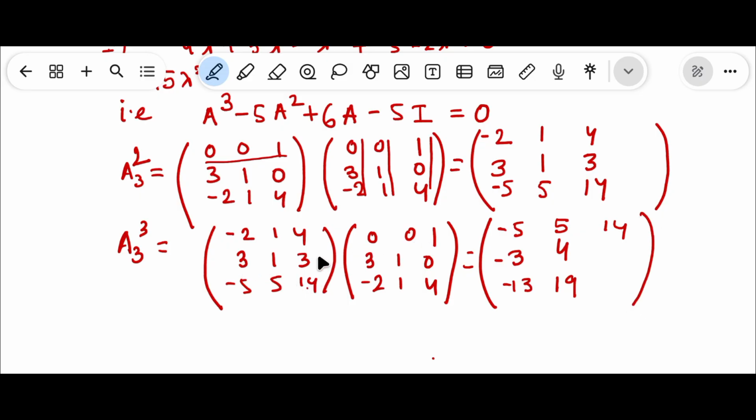Then 3 plus 12, that is 15. Then minus 5, that is 51. We have this.